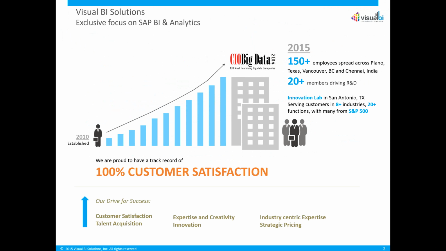One is services, where we offer training and consulting, and the other is products, where we offer extensions to products such as dashboards, formerly Xcelsius, and Design Studio. Our focus is really on SAP BI and analytics, so we have experience in topics such as BW, BPC, HANA, and Business Objects BI.